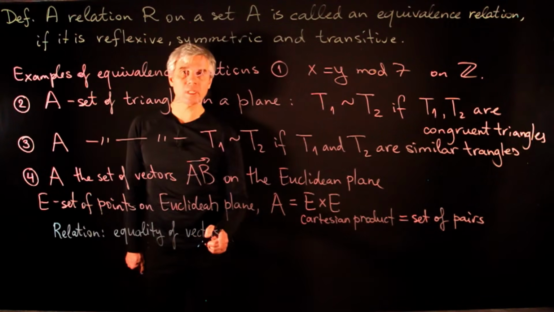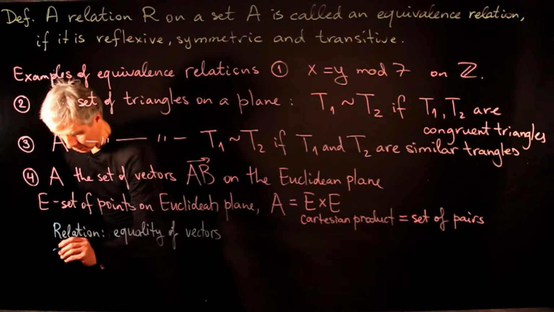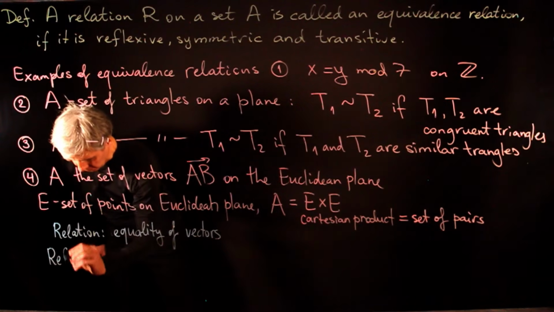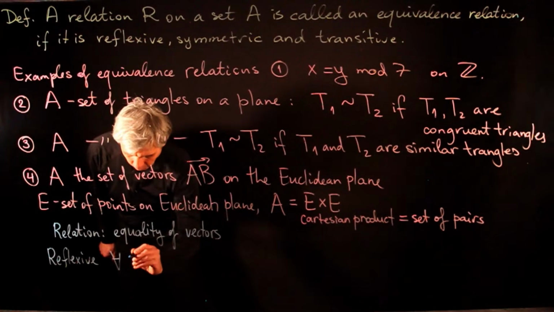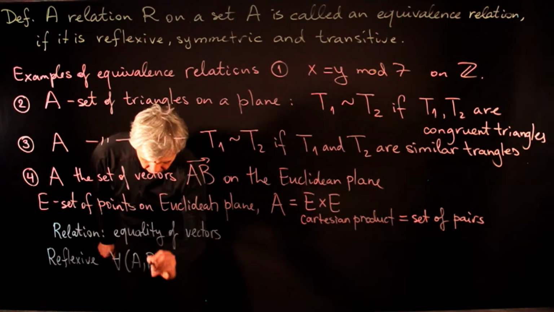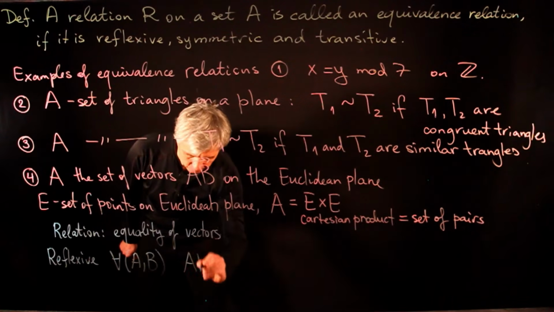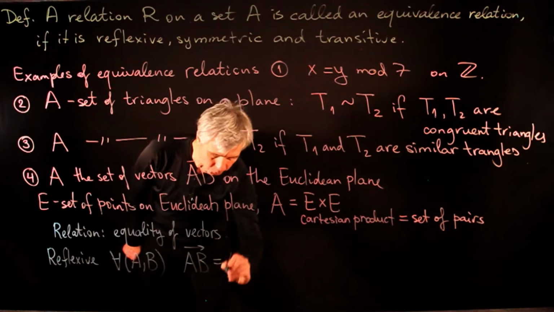Let us show that this is an equivalence relation. It is reflexive because for all pairs of points AB, the vector AB is equal to itself.